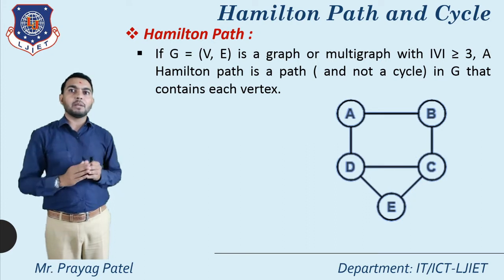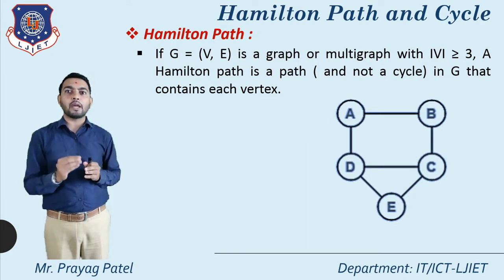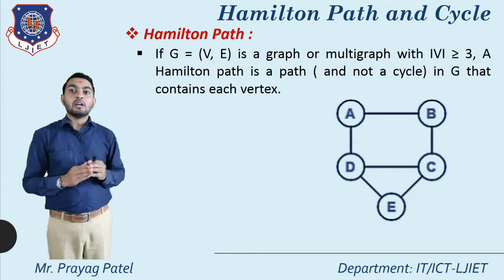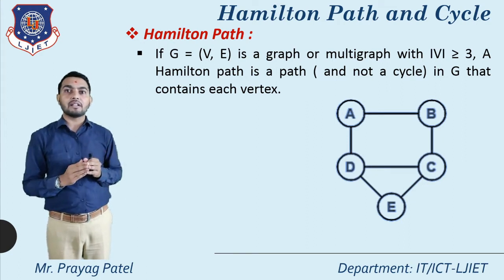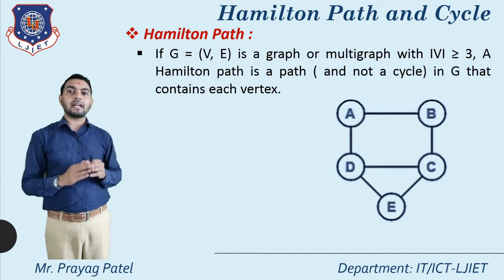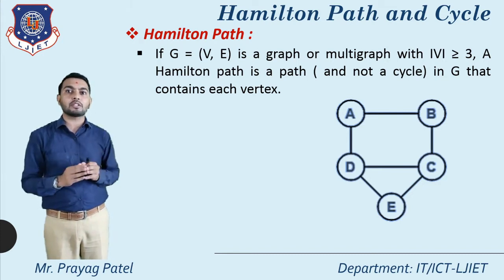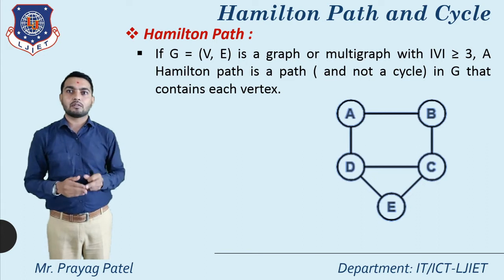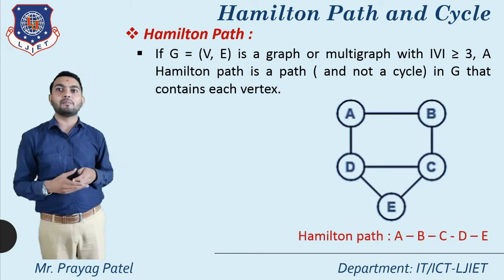The meaning of a path is that no node and no edge is repeated, and the Hamiltonian concept is to cover each and every node. That means we cover each and every node without repetition of any node and without repetition of any edge. So it is considered a Hamilton path.